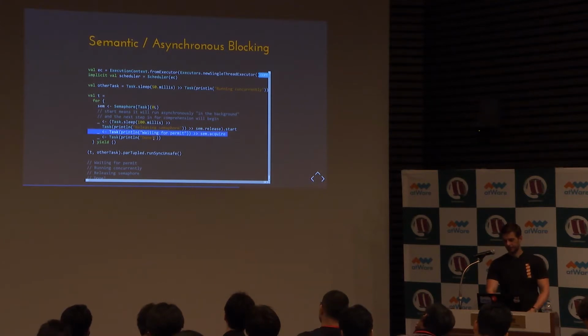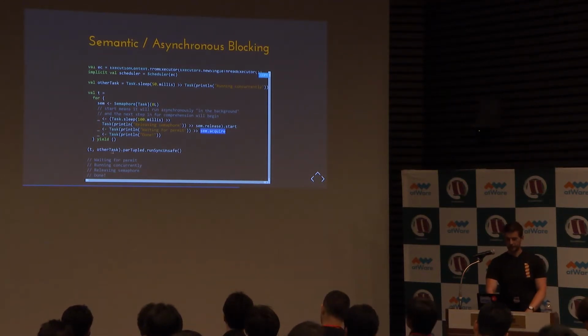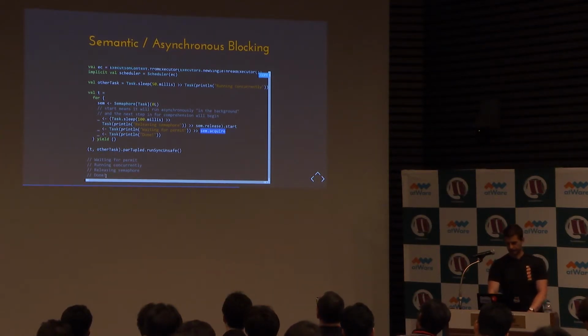And then after the fact, we wait for the permit, which is also semantically blocking. And then we print done. And we run this and this other task concurrently, and we'll see that despite having one thread, everything was able to progress.